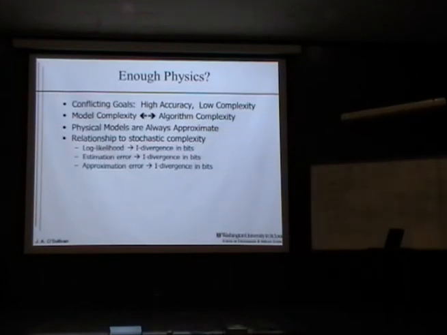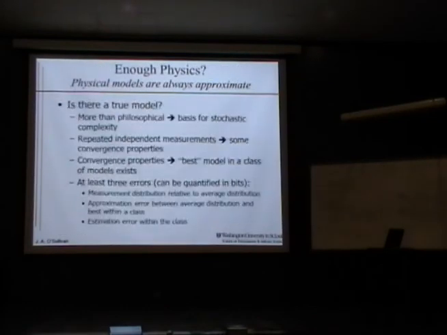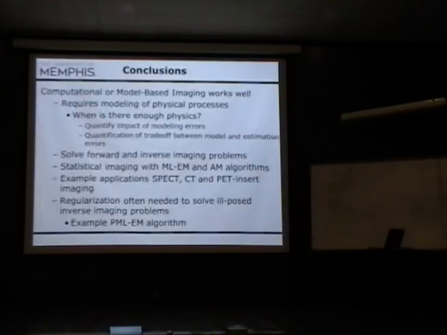If we make our model too complex, then the algorithm that solves the inverse problem will also be too complex. So if you want to get a result today, you have to give up something. And then, of course, you need to quantify what this trade-off is. So I'm going to skip all of that because we don't have time, and I guess this will be archived and you can read them if you want to.